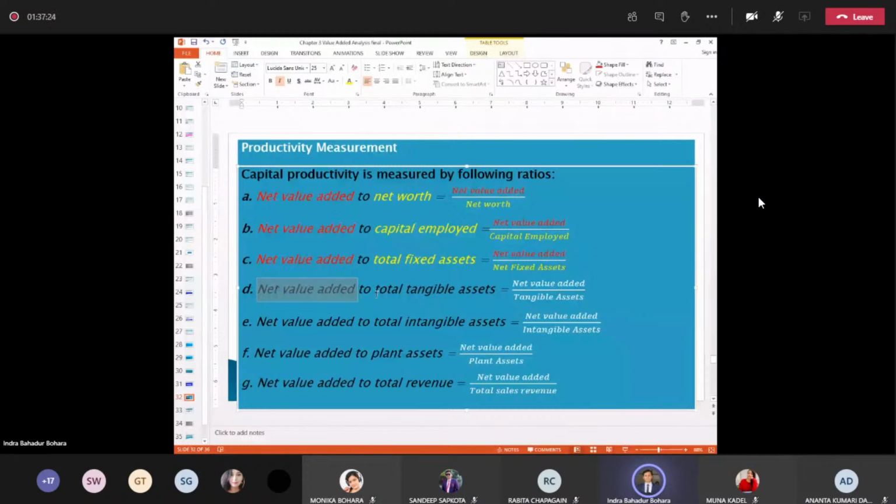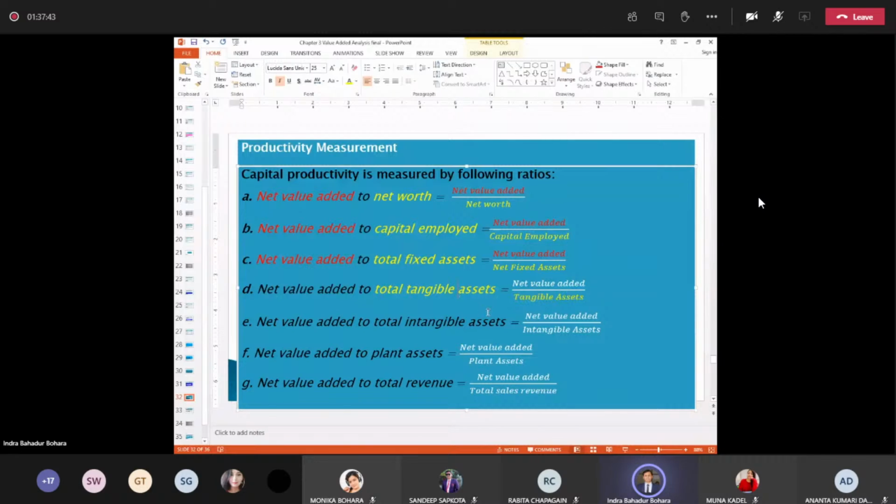Now next is net value added to total tangible fixed assets. Tangible assets normally include tangible fixed assets. Since we are talking about capital productivity, we are not talking about current assets here.